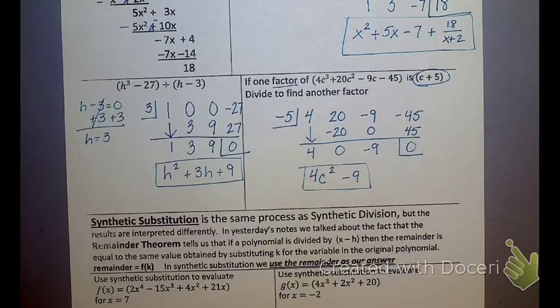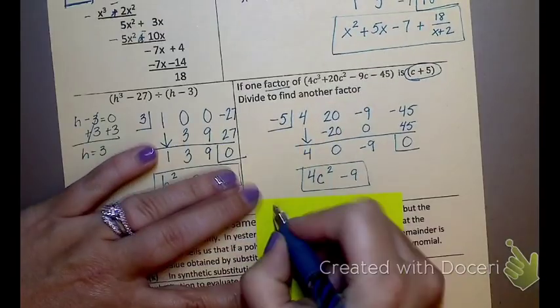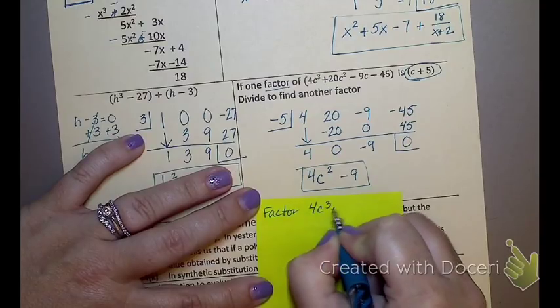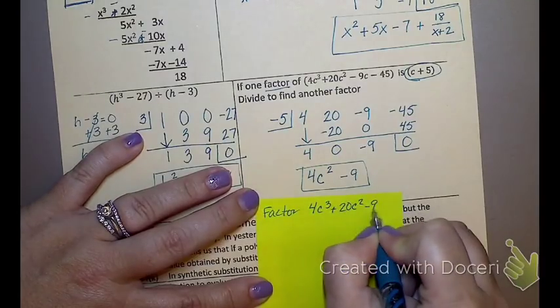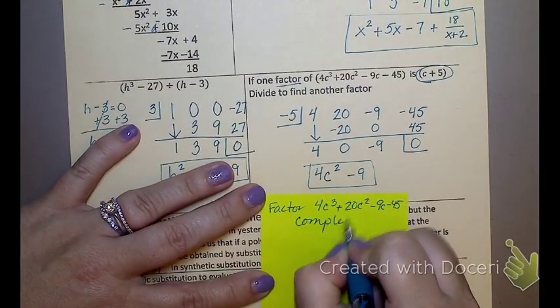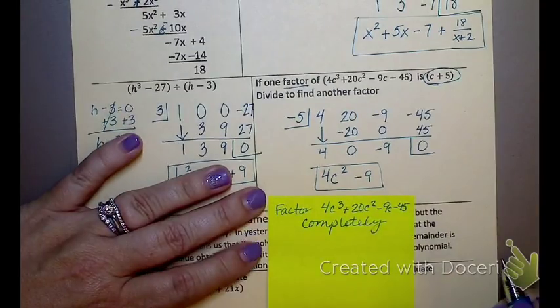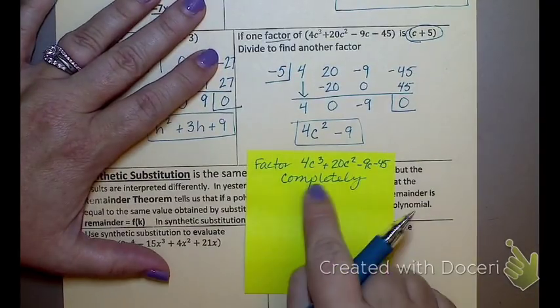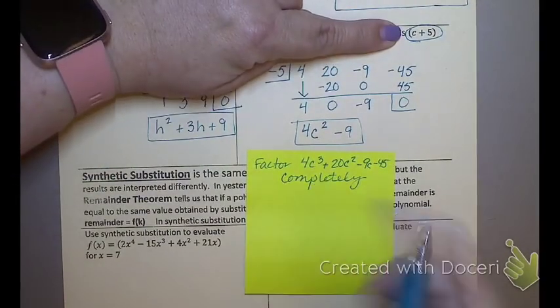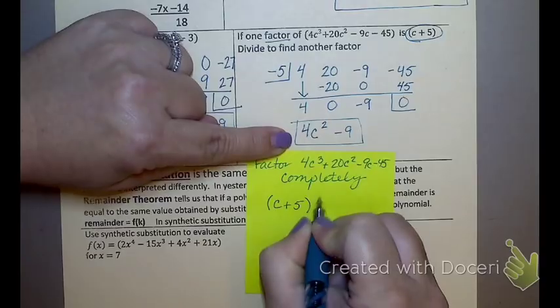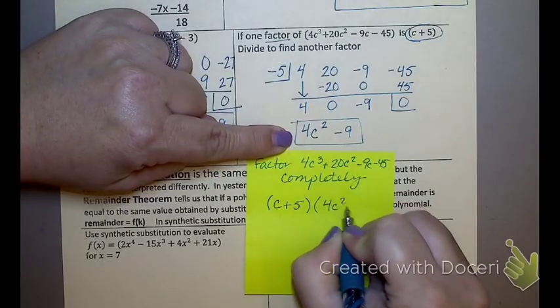Now, out of curiosity, because this is where we're going to end up, if I said something like factor 4c cubed plus 20c squared minus 9c minus 45 completely, and I told you that c plus 5 was a factor, then I know that at this point it factors into c plus 5 times 4c squared minus 9.